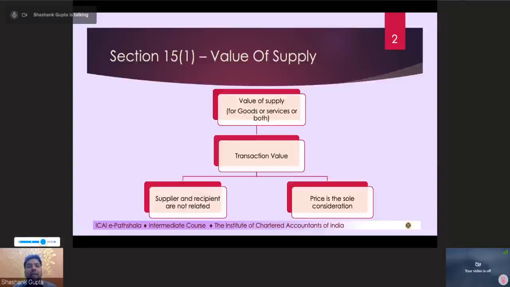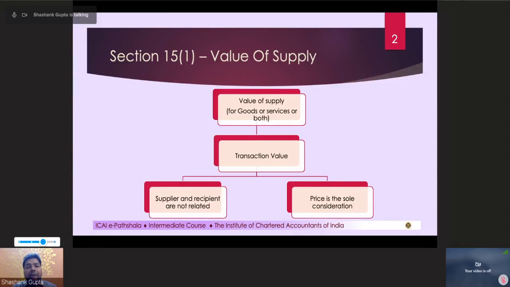So, basically, there was a requirement to have a measure of standardization so as to ensure that there is no undervaluation or overvaluation. Undervaluation is usually to avoid the tax, overvaluation is usually to pass on surplus credit.